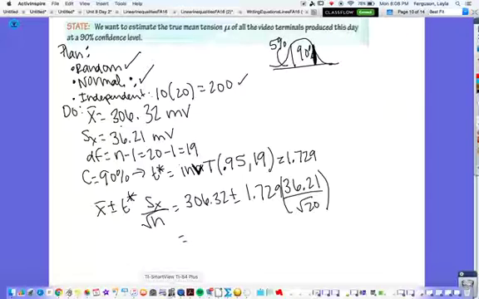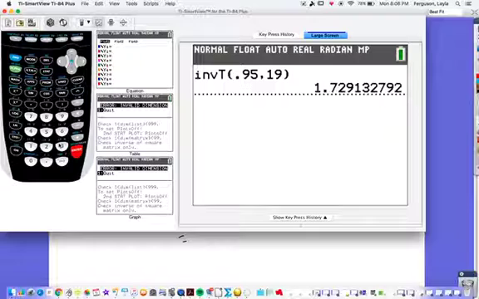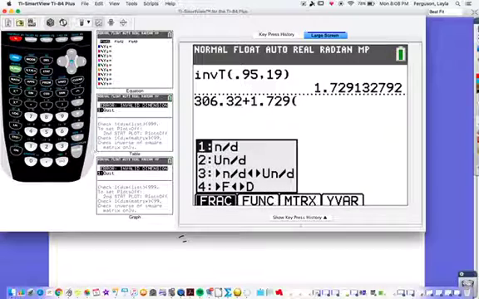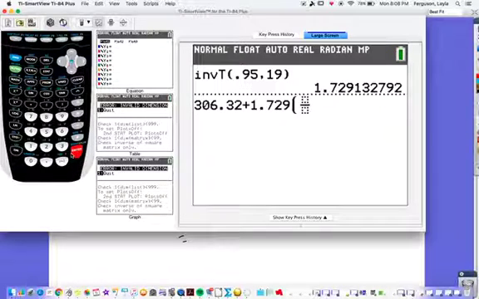So then you can go to the calculator and you can type everything in. So we'll do 2 different times, one where we have plus and one where we have a minus. So we'll do 306.32 plus 1.729 times alpha y equals to get the fraction.